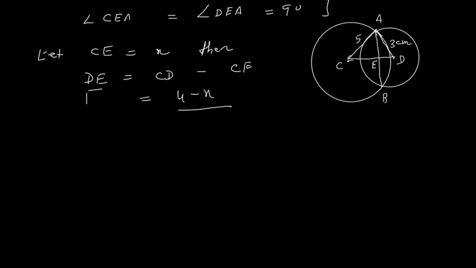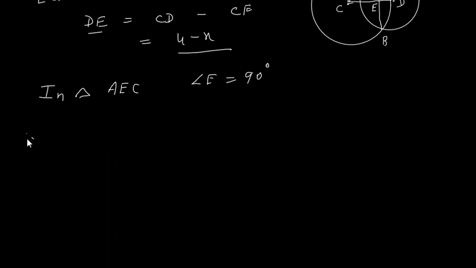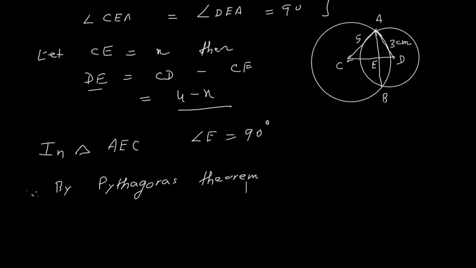Now let us consider triangle AEC. In triangle AEC, angle E is 90 degrees. Therefore, by Pythagoras theorem, AC square is equal to AE square plus CE square.